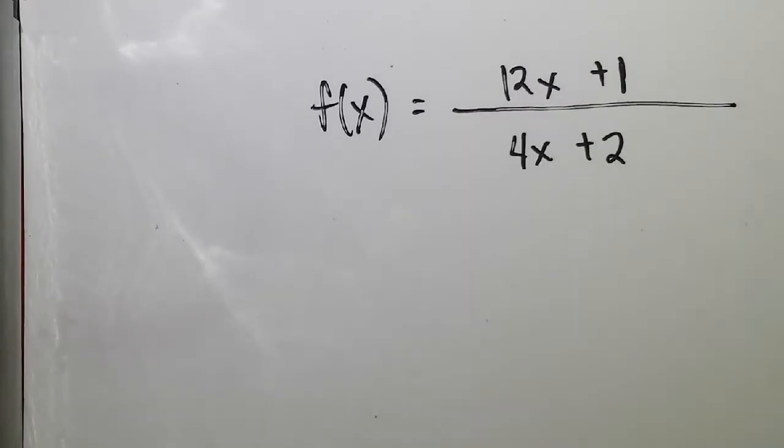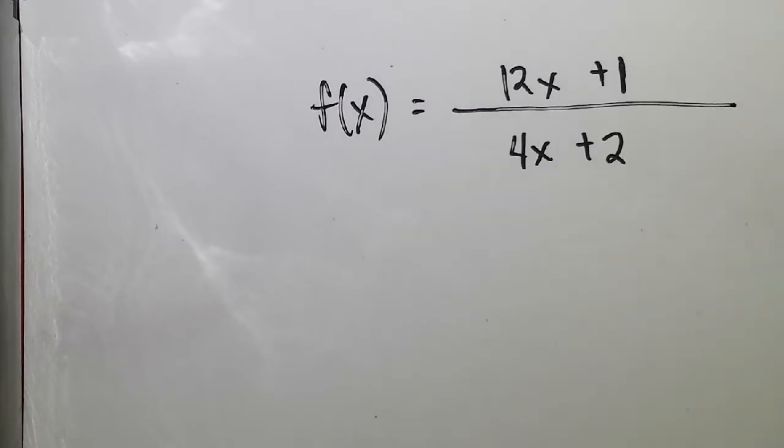f of x is equal to 12x plus 1 over 4x plus 2. Now, as we can see, the degrees of the numerator and denominator are equal. How are we going to get the horizontal asymptote? We are going to get the leading coefficients, which are 12 and 4, and divide them.